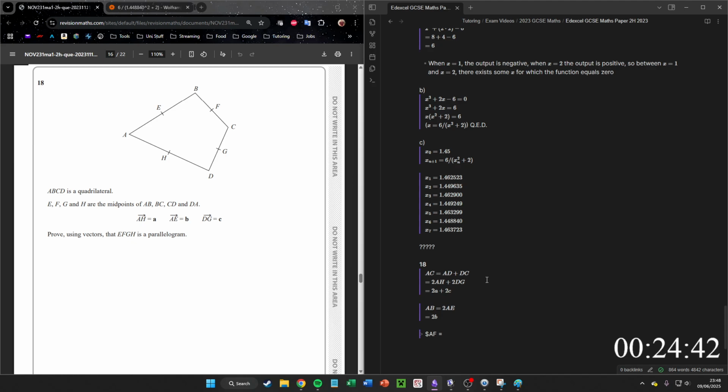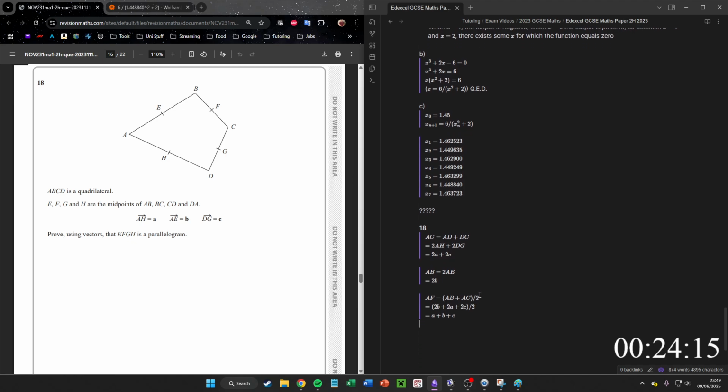AF is equal to AB plus AC divided by 2, which is equal to 2b plus 2a plus 2c, all divided by 2. So AF is just equal to a plus b plus c.